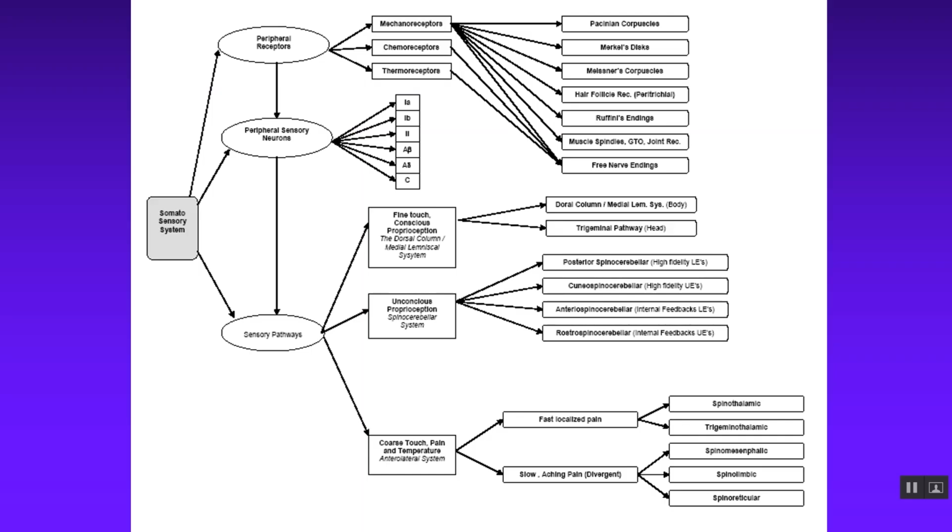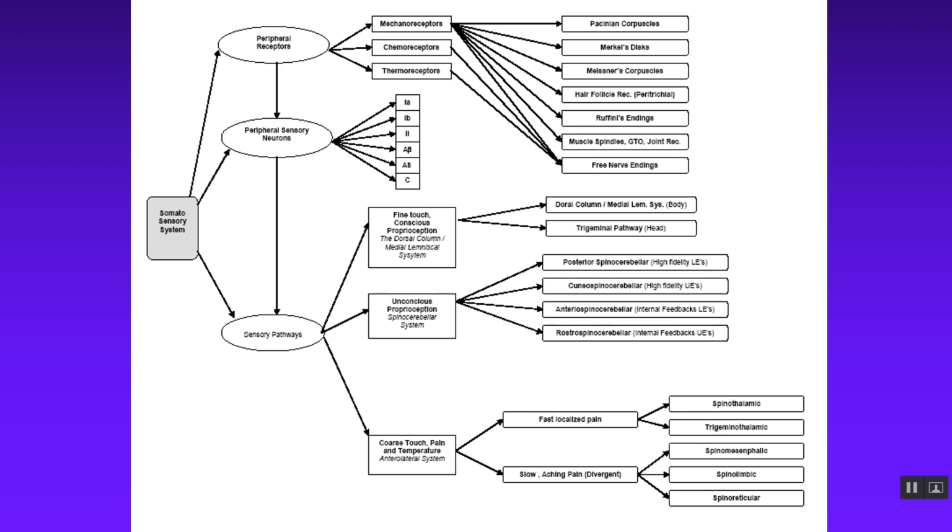I gave you a packet of information with helpful things for you to utilize. This is our guidebook for today and for the next few days of all the different things we're going to talk about. Starting on the left, you've got somatosensation, the somatosensory system, which includes peripheral receptors, peripheral sensory neurons, the axons, and then the sensory pathways in the central nervous system.